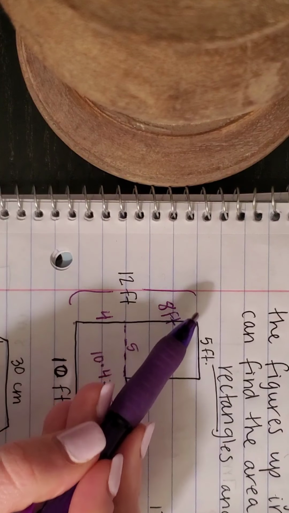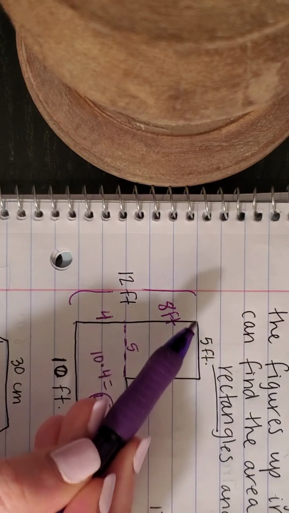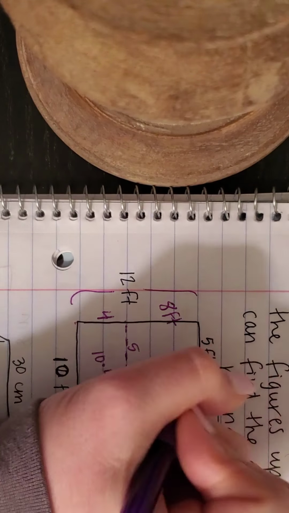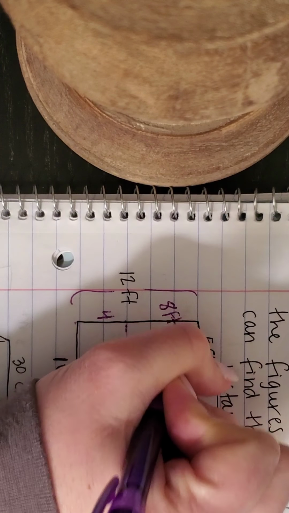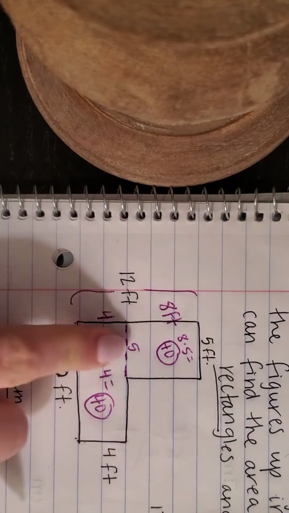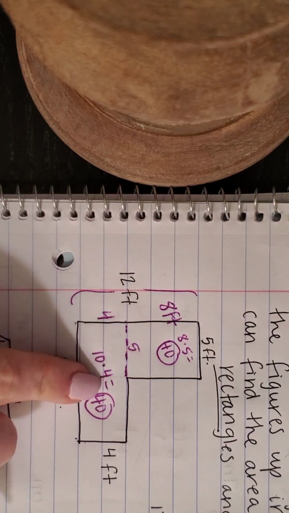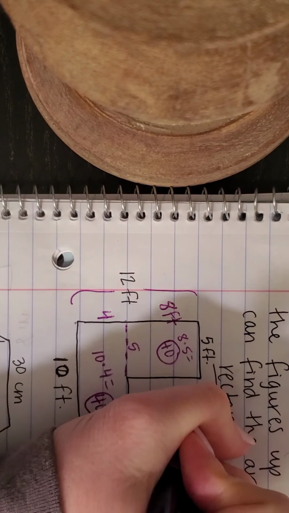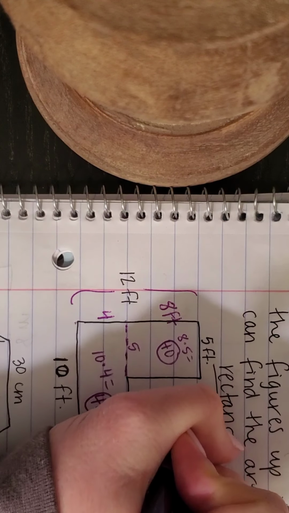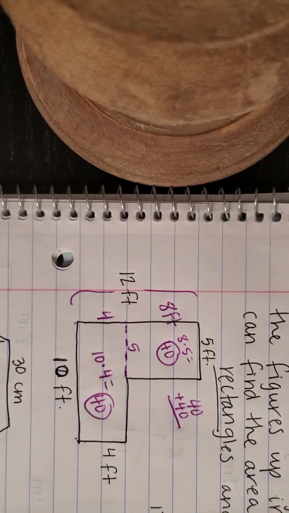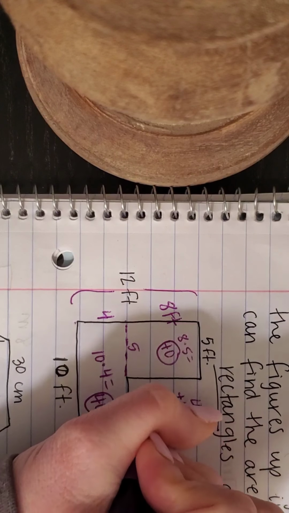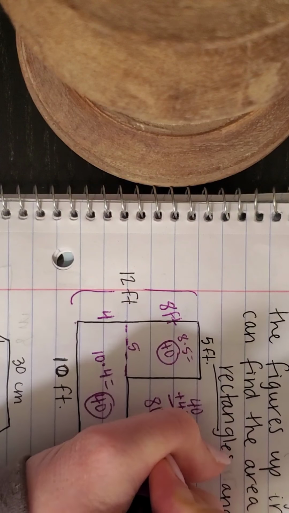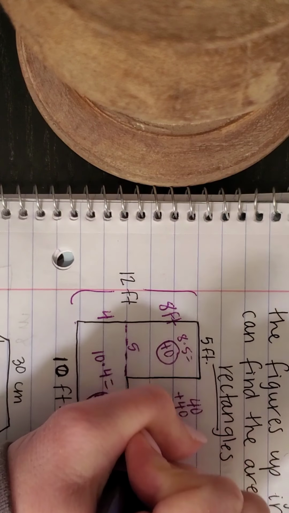Now I have the two dimensions that I need to find the area of this upper rectangle. So I'm going to multiply 8 times 5, and I end up with 40. So now I'm going to take these two measurements, the two 40s, and add them together. So now I figured out that the area of this whole composite figure is 80 feet squared.